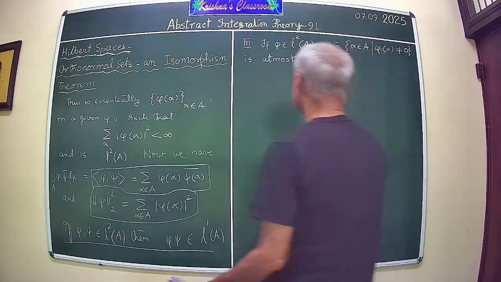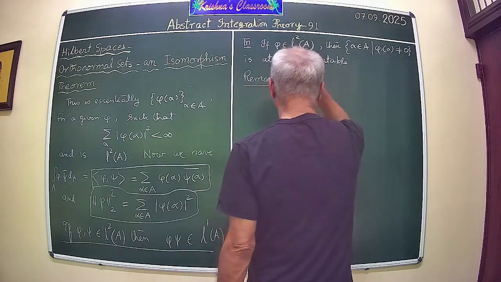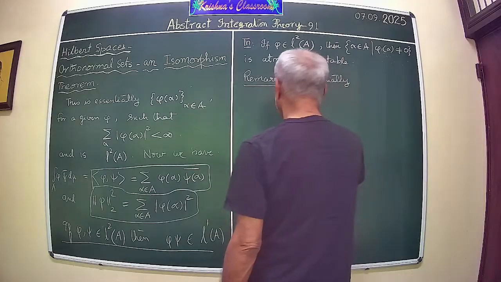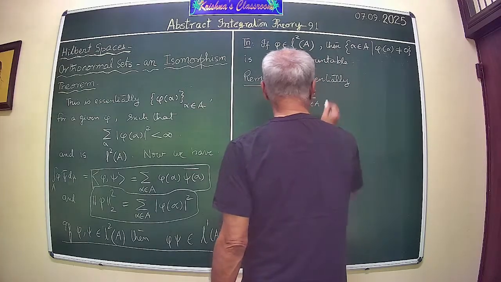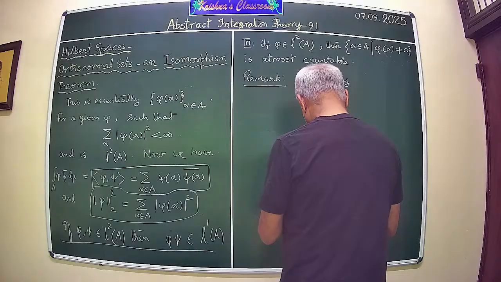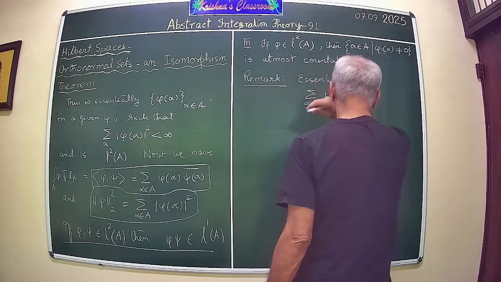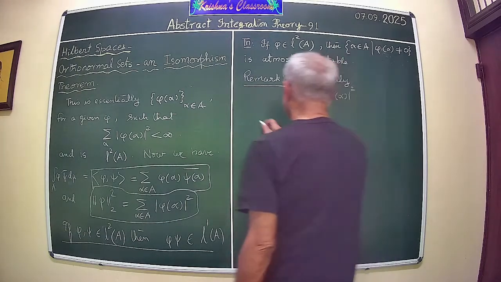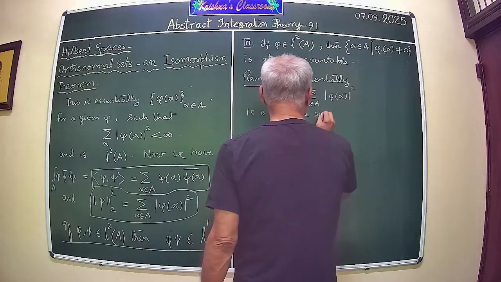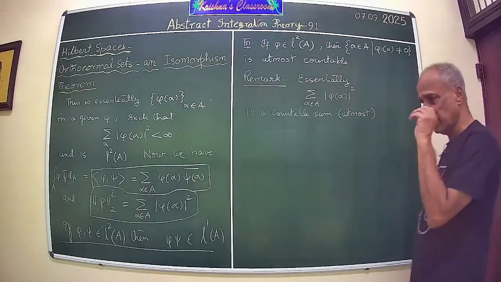So essentially, it may be a finite sum or it may be countable sum, but it cannot be an uncountable sum.